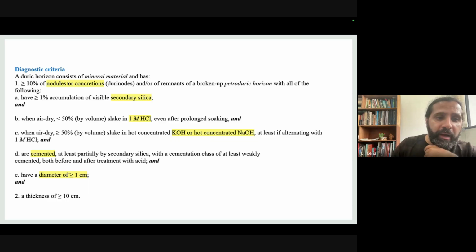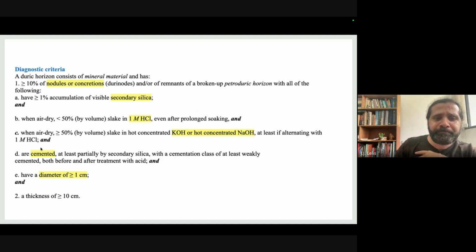It has at least 1% accumulation of secondary silica, and when we mix this material with acid, we have a low destruction of the material, less than 50% slakes. When we mix this soil with potassium hydroxide or sodium hydroxide, we have a strong destruction, so the soil starts to slake, at least 50%.